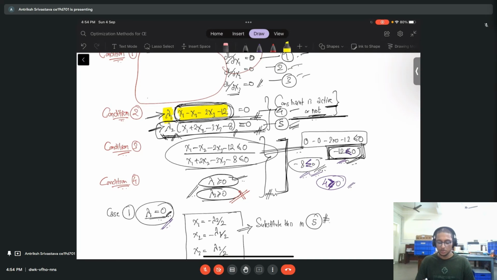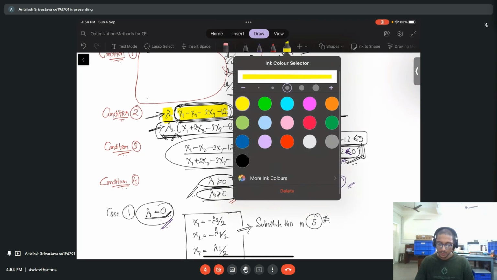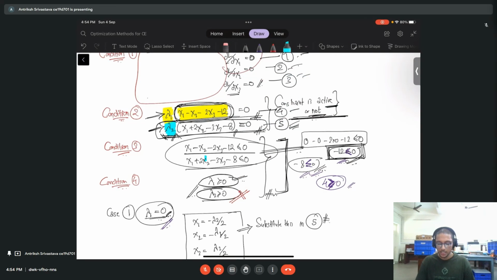Why don't we do a case 3, that is this equal to 0, and case 4, this equal to 0? Why do you think we don't do this? Tell me if you think we should do this.